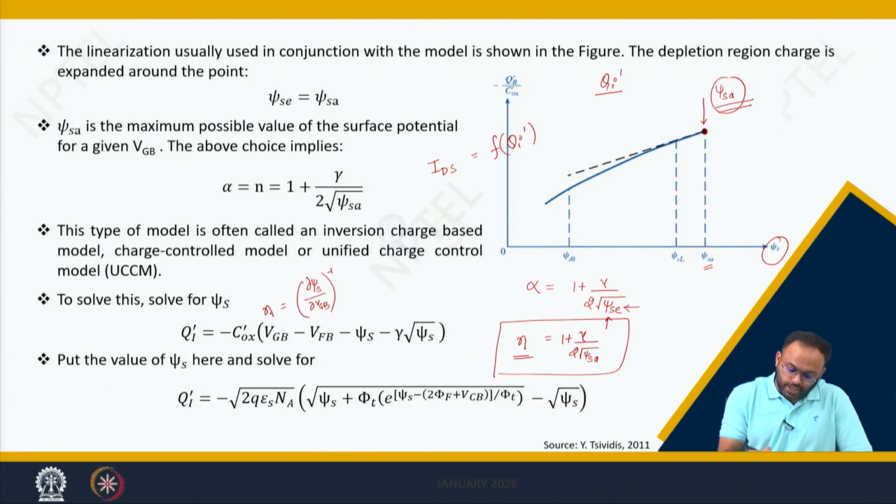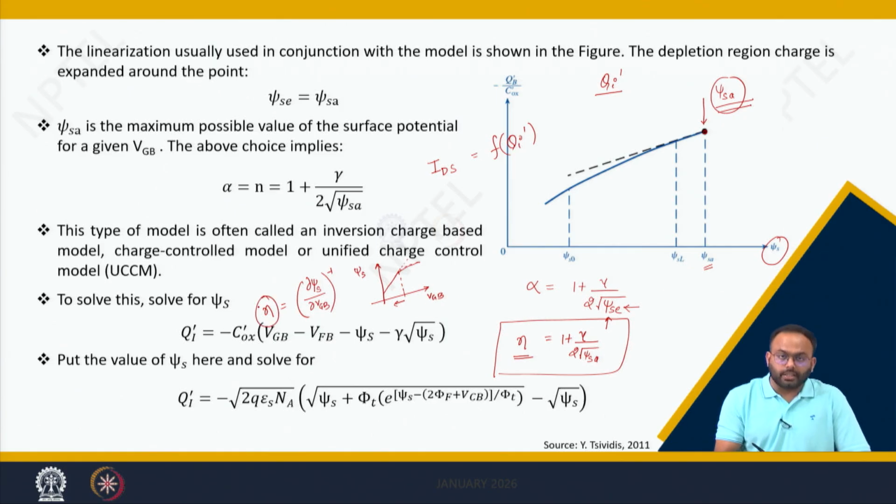So this was the definition of n, when we plotted the surface potential with respect to Vg, we got this kind of characteristic. We said that in weak inversion and depletion, the surface potential is linearly dependent on VGB.